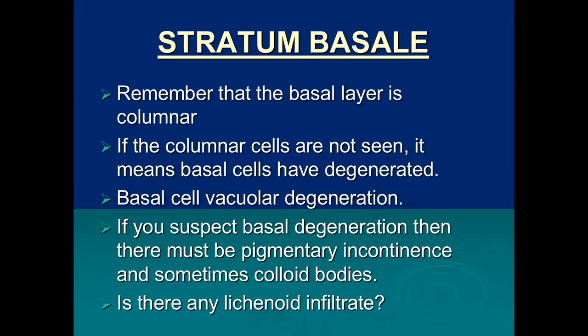And if the basal cells are damaged, the melanocytes will also be damaged, and all the melanin which is present in the melanocytes will fall in the papillary dermis. And sometimes the colloid bodies are also present. I've shown you one of the images. And we look at whether there is a lichenoid infiltrate or not. Lichenoid infiltrate, as I'll explain to you, is the band-like lymphohistiocytic infiltrate present at the dermoepidermal junction.